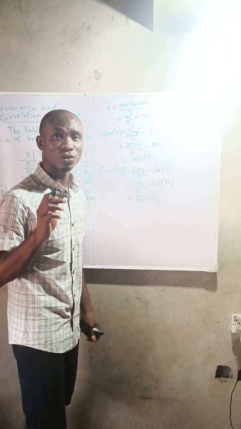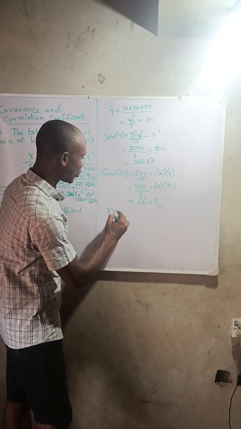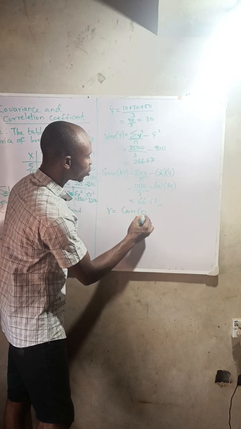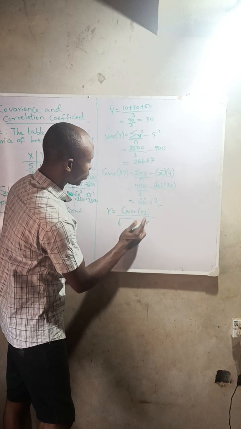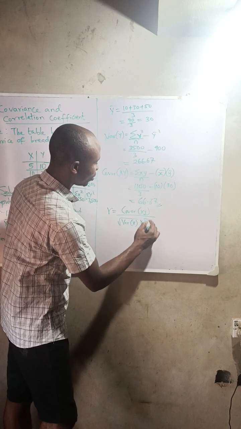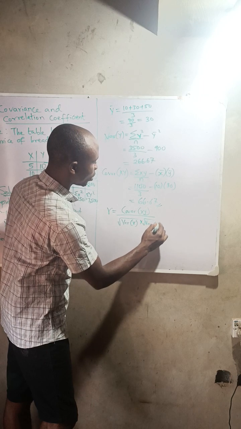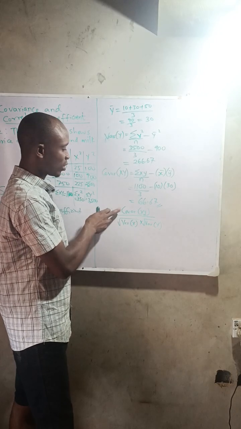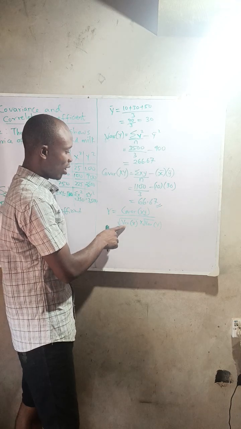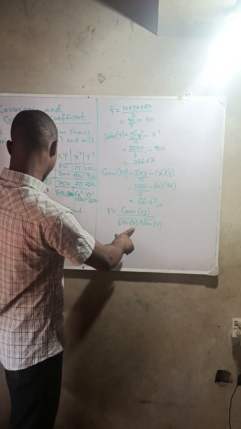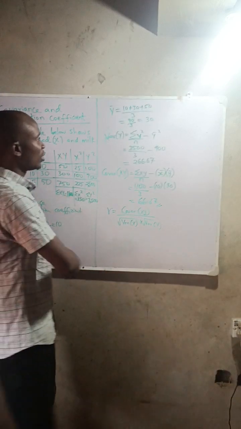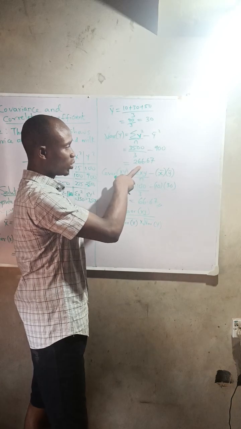So to calculate the correlation coefficient, we are going to be using the formula R equals covariance of x, y all over the square root of variance of x times the square root of the variance of y. So we are set because we have already calculated the covariance of xy, which is 66.67. The variance of x has already been calculated, which is 16.67, and the variance of y, which is 266.67.